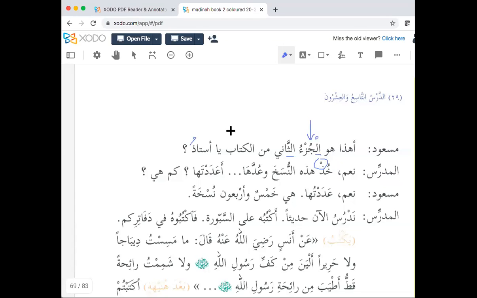It's not mudha'af. Exactly, it's not fi'l mudha'af. It's from the verb akhadha, ya'khudhu. Akhadha, ya'khudhu.